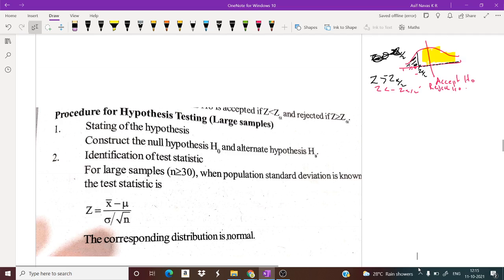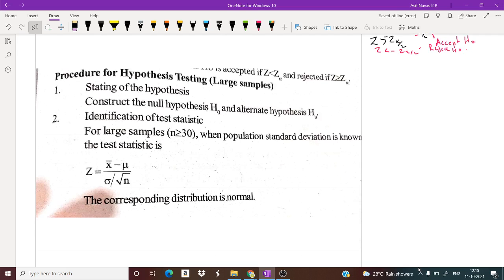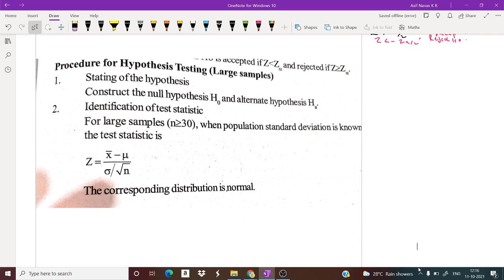Now I will define how the procedure works. In order to test a population parameter for the mean, the first step is stating the hypothesis. That means mean is equal to something, mu naught. Then we have to construct the null hypothesis, that is the given assertion, and the alternative hypothesis from the question.